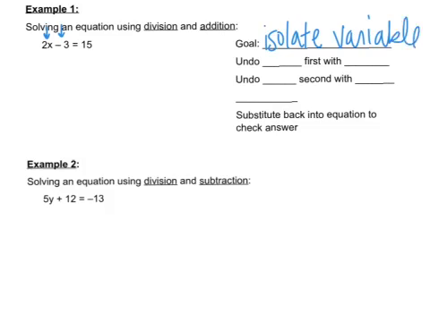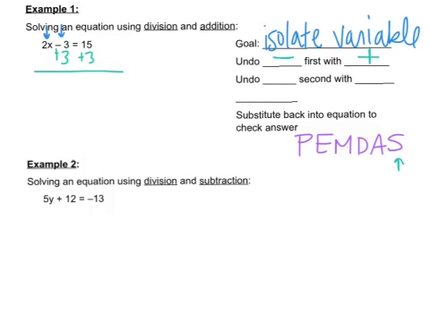And so if we think about the order of operations, remember we work backwards. So rather than starting by undoing the parentheses, we are going to ask ourselves, do we have any subtraction to undo? And yes, we do. So we're going to undo subtraction first, and we're going to use its inverse of addition. So I'm going to add 3 to both sides. And I'm left with 2x equals 18.